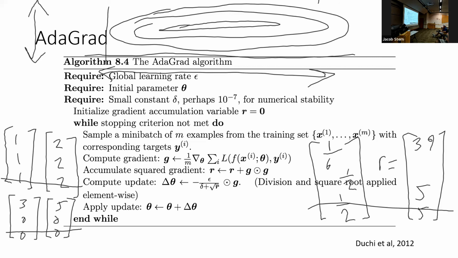So where we're getting strong gradients, we are going to reduce the learning rate in that direction so that we aren't taking those huge steps across the valley anymore. And we're going to increase the learning rate in the direction where the gradient is not changing quickly. So we're going to shrink it in dimension 1 and increase it in dimension 2. And that will allow us to travel faster in the dimension that's harder to optimize across.